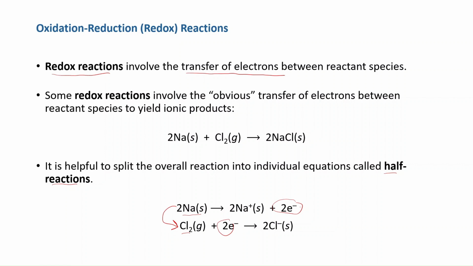The problem is sometimes it's not quite as easy. And let me give you an example. Let's see if I can do it without my tablet jumping up. But for instance, if you have glucose, C6H12O6, in the cells it reacts with oxygen, and it forms carbon dioxide and water. And I tell you, that's a redox reaction too. And you say, well, where do the electrons come from?